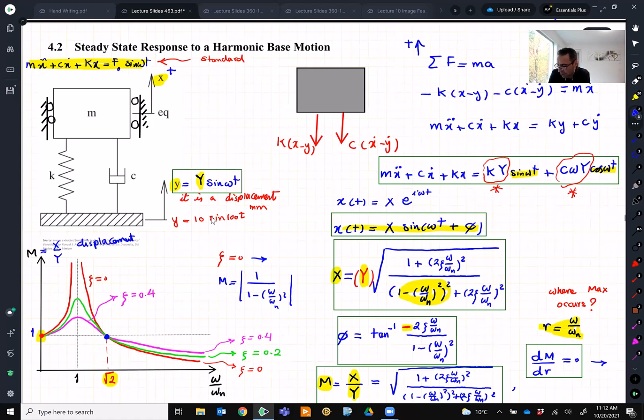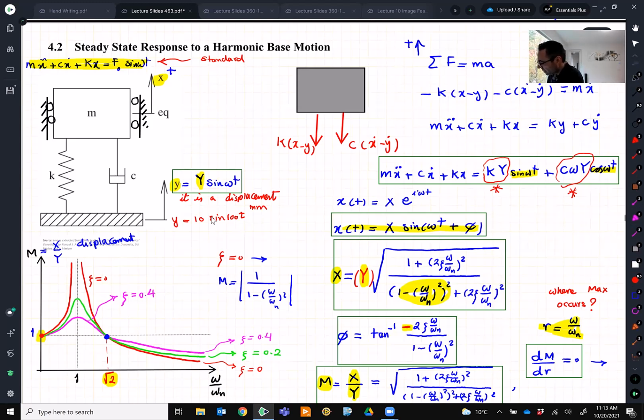The worst case is when zeta is equal to 0. But after root 2, damping is doing some damage for us. The more damping you have, it's going to increase M, but still you are less than, of course, 1.